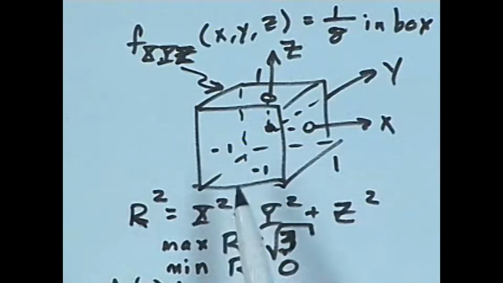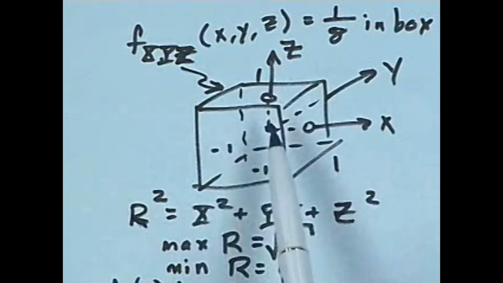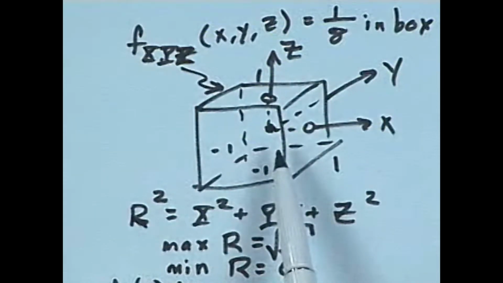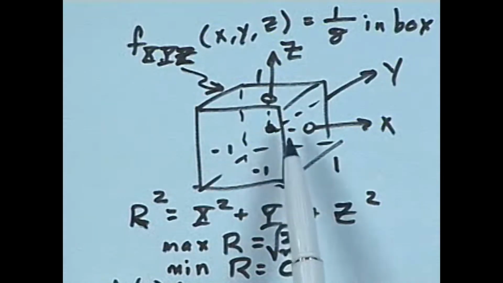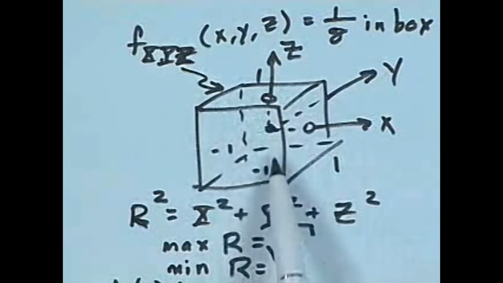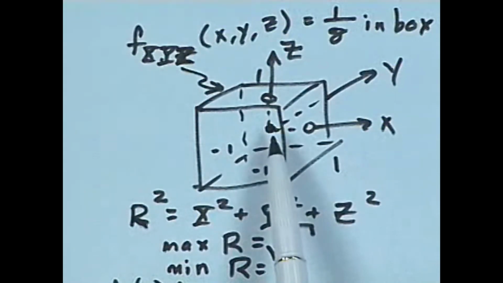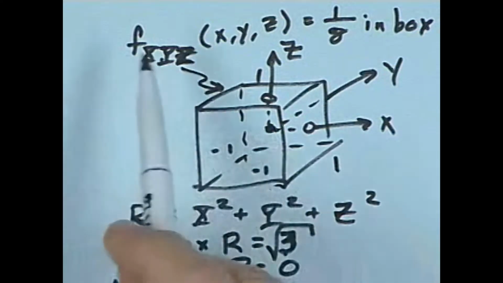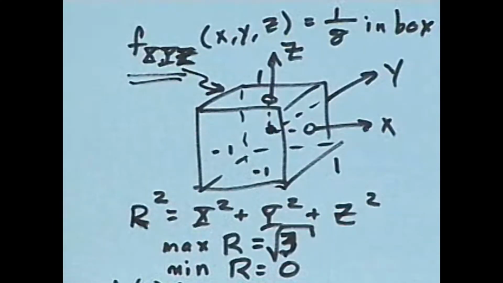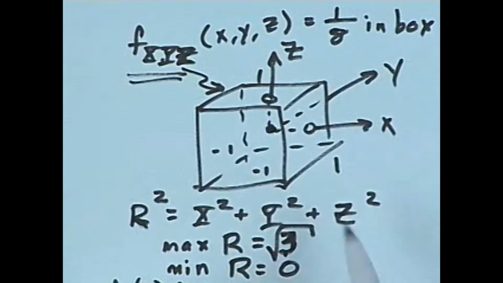Now, we know that since the random variables are uniform within the box, or within the cube here in this case, the total volume of this cube is 8. 2 times 2 times 2. So therefore, if I integrate this density function over the entire space, I get a volume of 8 times whatever value is inside the cube.